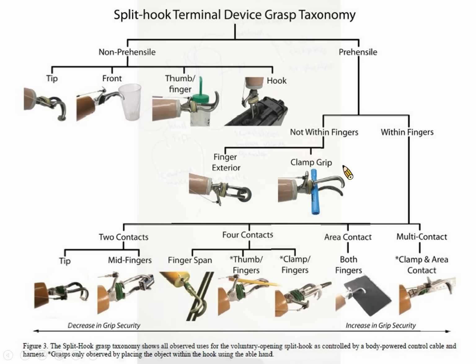As for this one, you can do this position like the prehensile. We call that prehensile, like this clamp grip or finger extension. With fingers, we can see there is a tip, a middle, a finger span, a thumb, and both fingers. We call that multi-contact.